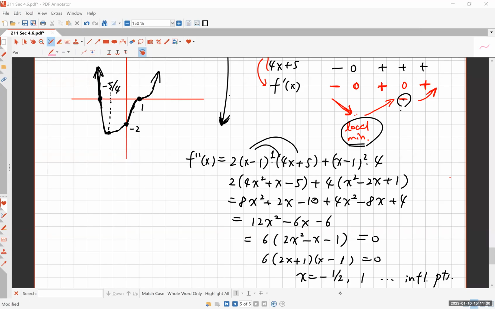All right, so to accommodate -1/2 as the place where the concavity changes, the concavity here is all up, right? And it starts changing. I think this is going to go much deeper than that. This is going to go way down, right?